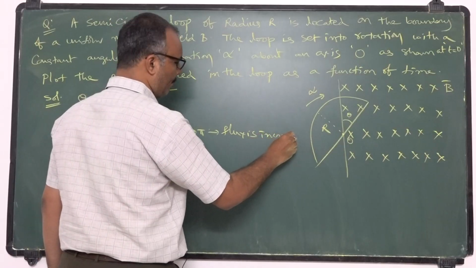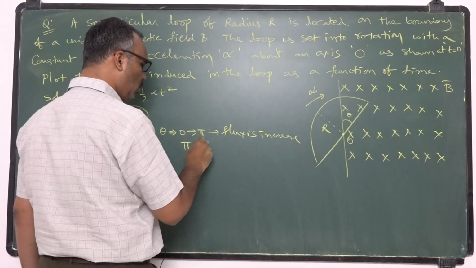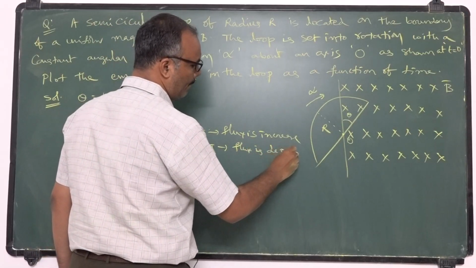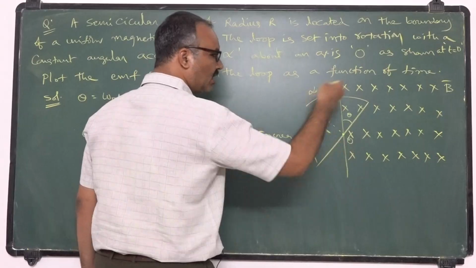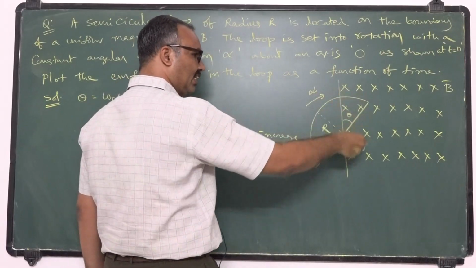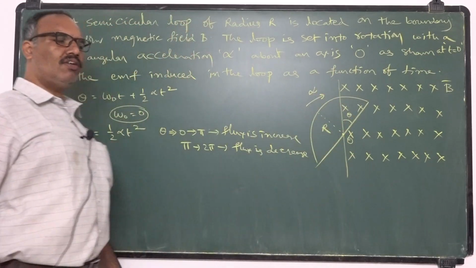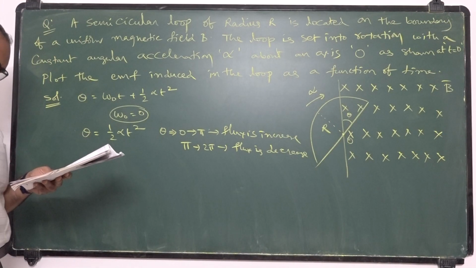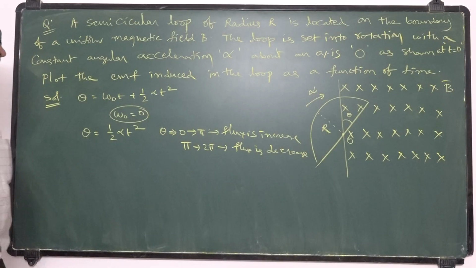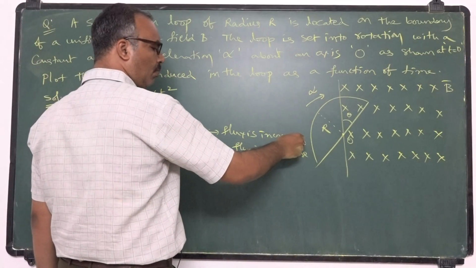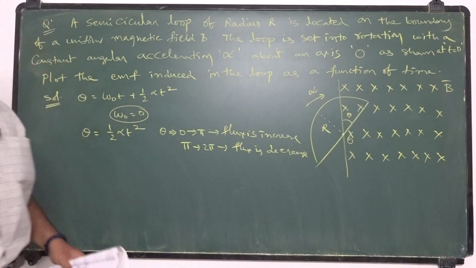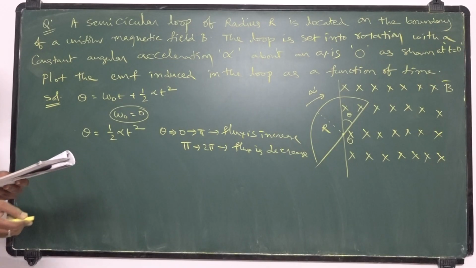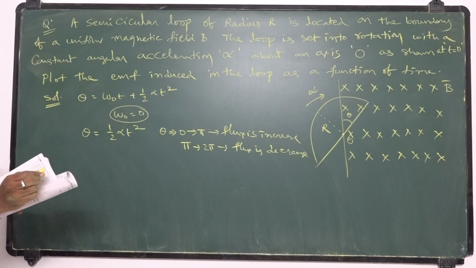So as long as it is under motion, for half cycle the flux is increasing, and for the remaining half cycle flux is decreasing. When flux is increasing, EMF developed is positive. When flux is decreasing, EMF developed is taken as negative. So in both the cases, we need to calculate the flux value. How to calculate the flux? Let us see.